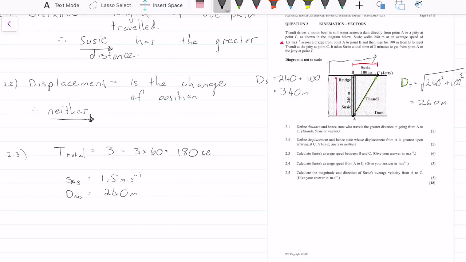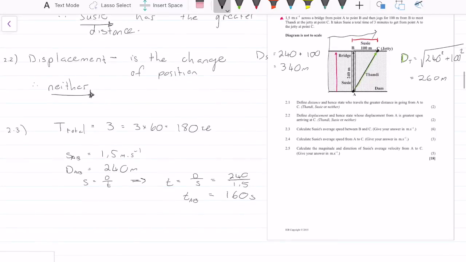So if we do a simple speed equals distance over time, we can manipulate this to give us time equals distance over speed, which is equal to 240 over 1.5, which gives us the time taken from A to B is equal to 160 seconds.